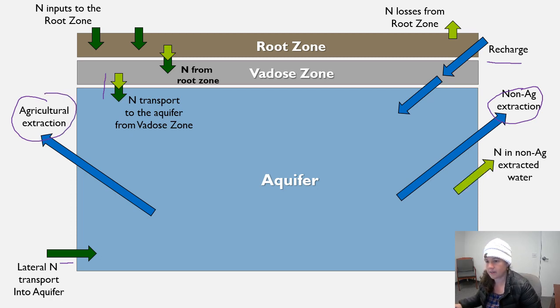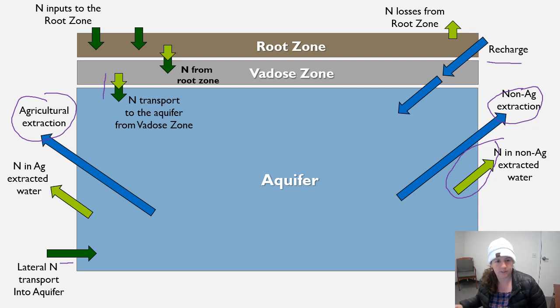Along with the non-ag extraction, there's nitrogen in that water, and so that's a loss term. That's nitrogen leaving the aquifer. Same thing with the agricultural extraction. That's nitrogen leaving the aquifer. It's a loss term. And this loss term is actually quantified per requirements of Ag Order 4.0.